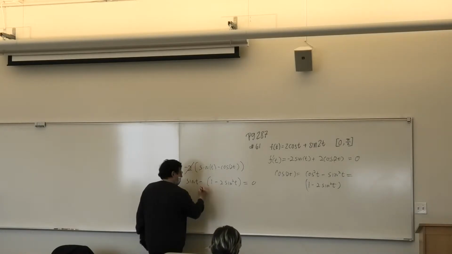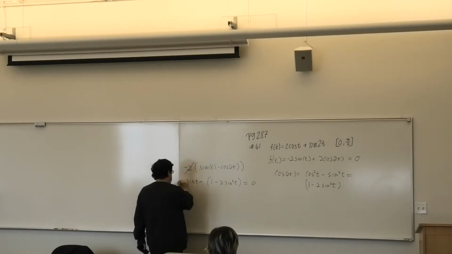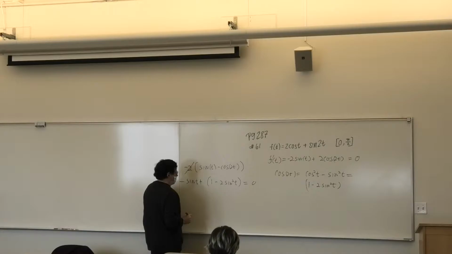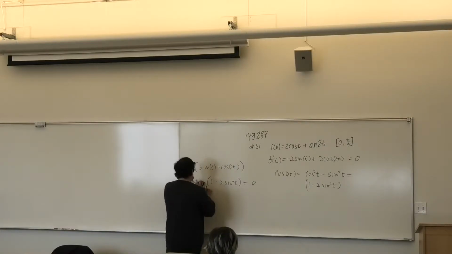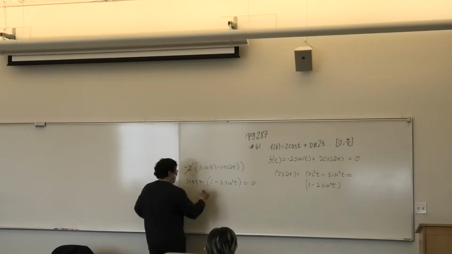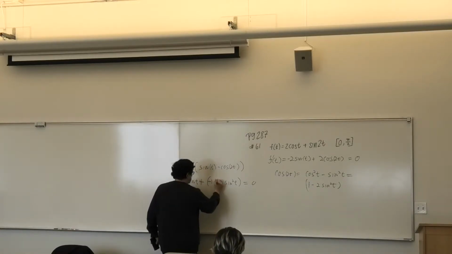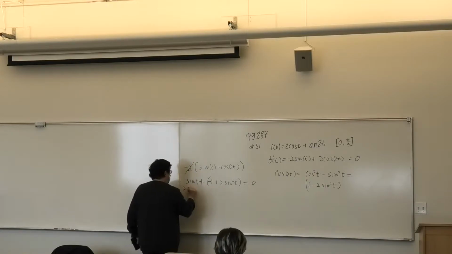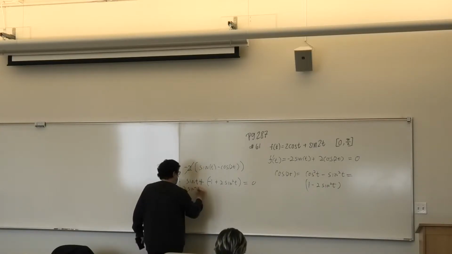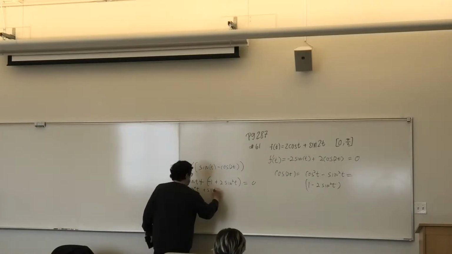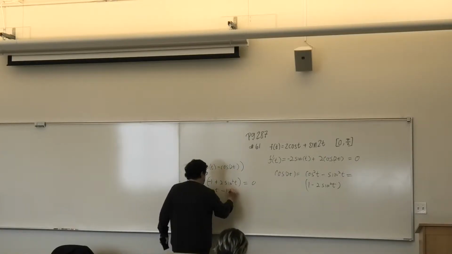So what do I end up with? Let's multiply through by minus 1. No, that's not what I want to do. I want to distribute the minus. So I have 2 sine squared t plus sine t minus 1 equals 0.